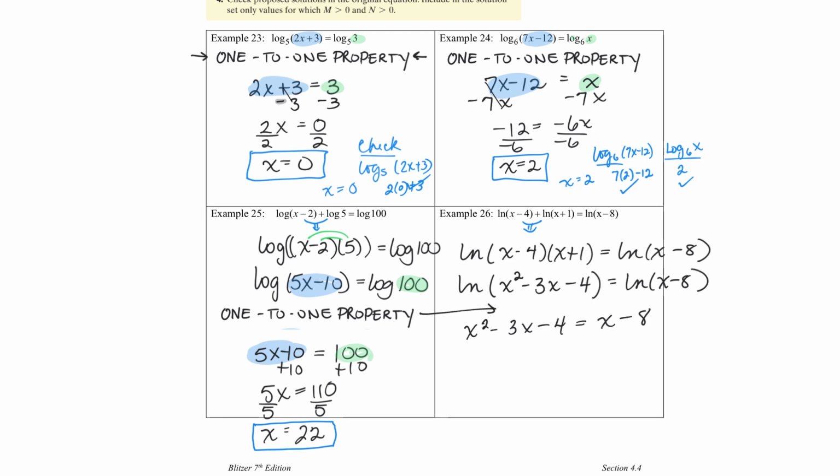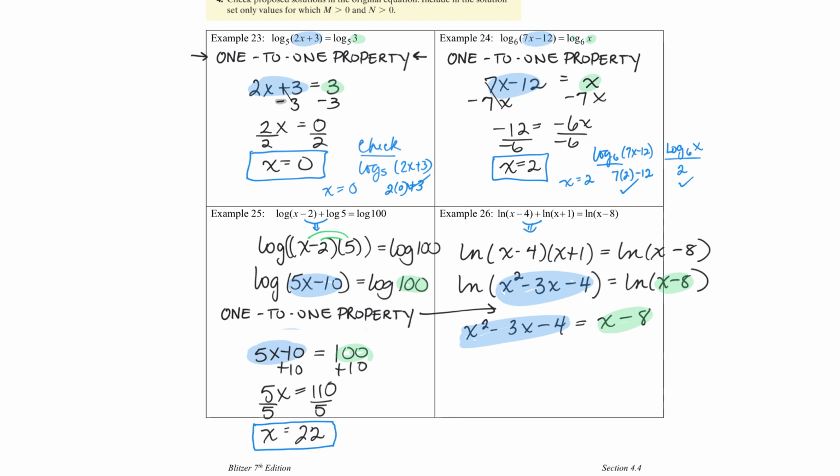And so then I end up with this quadratic equation, right? If the natural log of x squared minus 3x minus 4 is equal to the natural log of x minus 8, then it must be the case that x squared minus 3x minus 4 is equal to x minus 8.